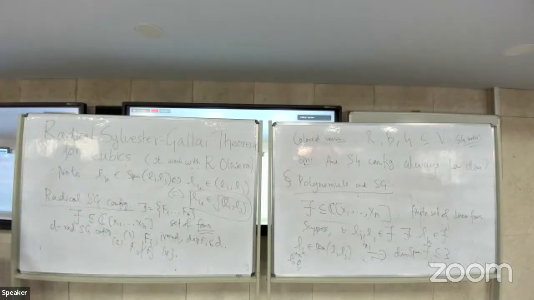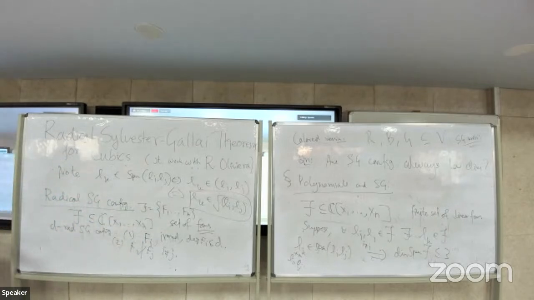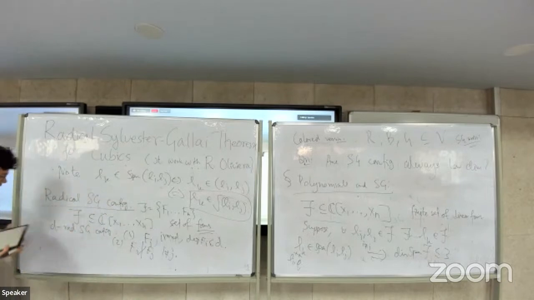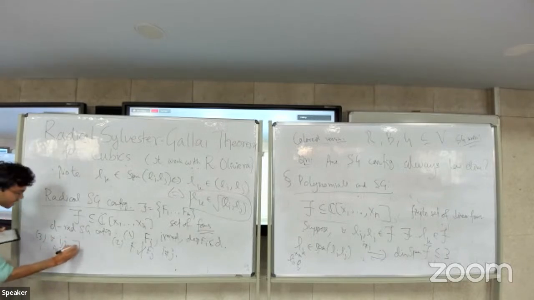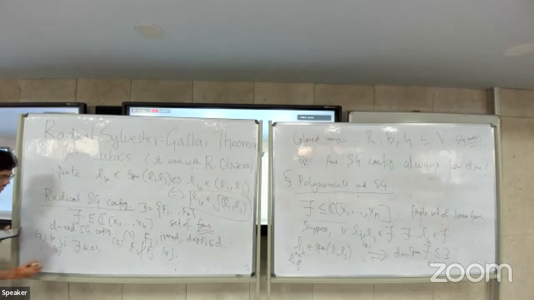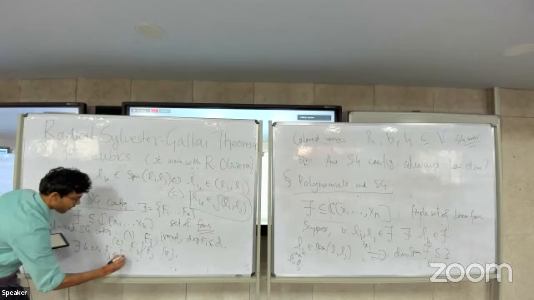These are natural conditions to put: they're not multiples of each other, irreducible forms of degree at most D. And then the radical Sylvester-Gallai condition is exactly this. Number three: for all i, j, i not equal to j, there exists k such that Fk is in the radical of (Fi, Fj).